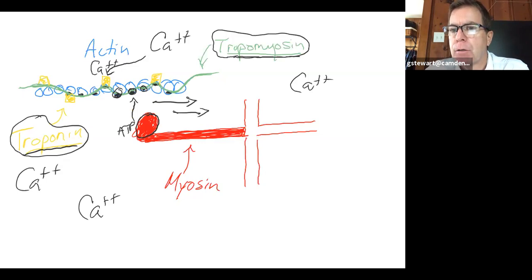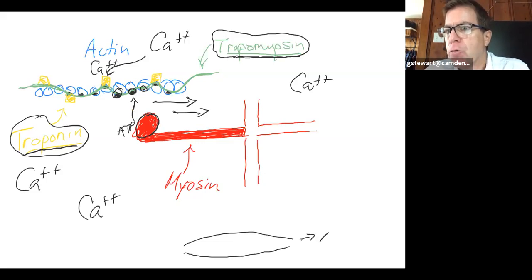That's how a muscle cell, an entire muscle cell, when energized or innervated by a nerve cell, when it contracts, it gets shorter like this.